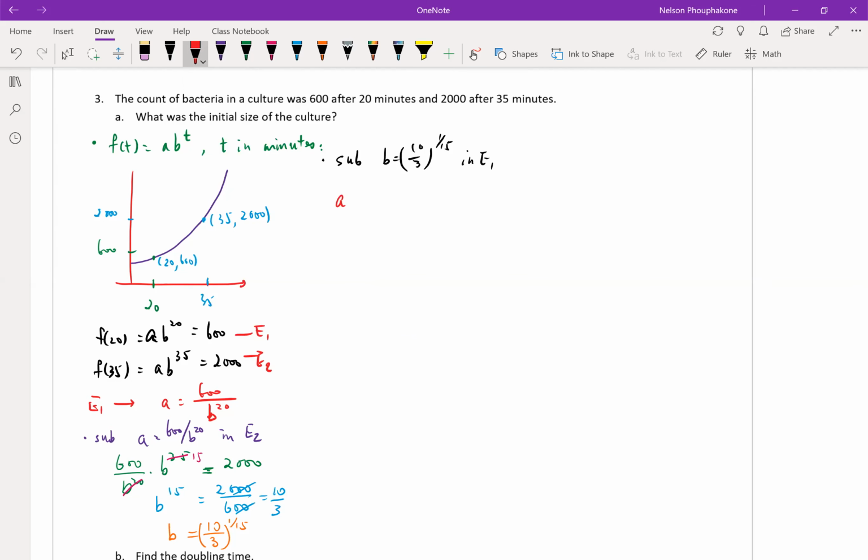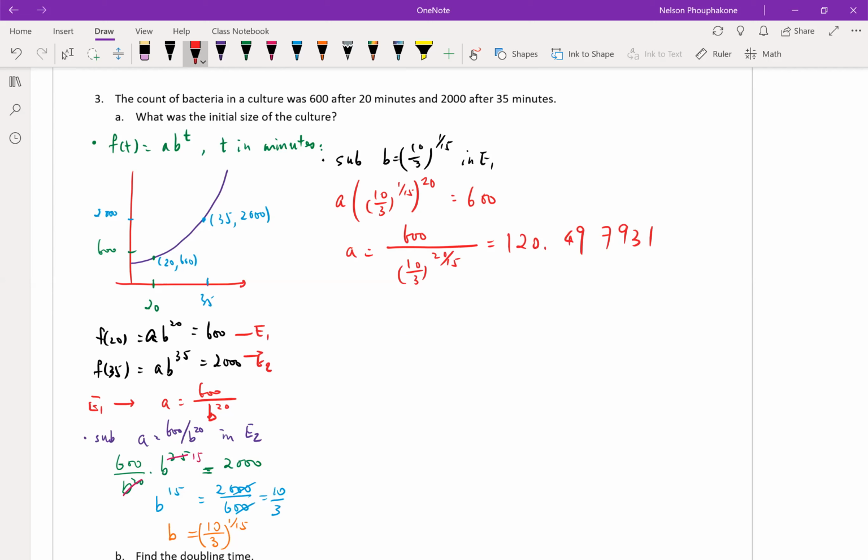Then I have a times 10 over 3 raised to the power of 1/15, raised to the power of 20, is equal to 600. Then of course, we can solve for a: 600 over 10 over 3 raised to the power of 20 over 15. Okay. And now you can use your calculator. You find out that it is 120.497931.